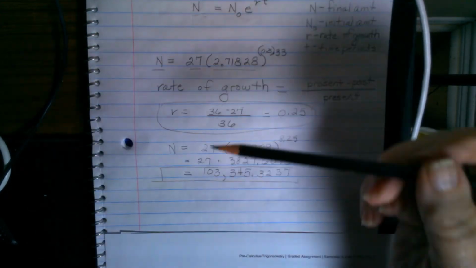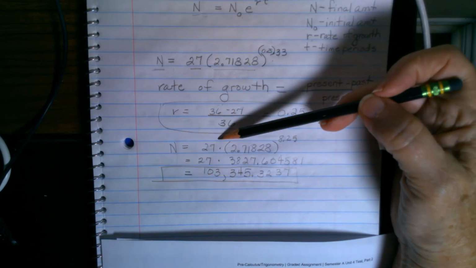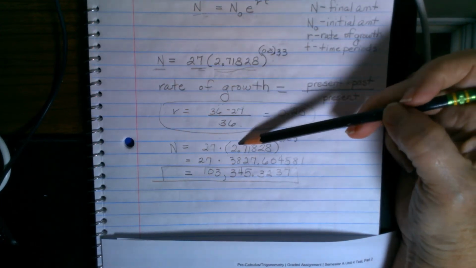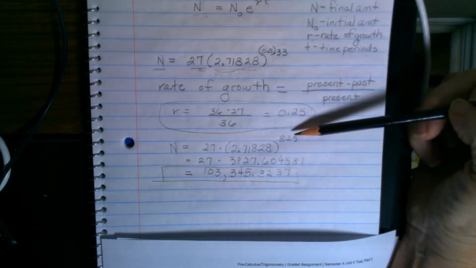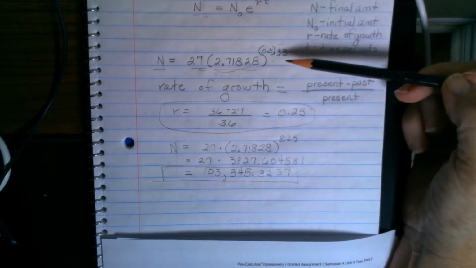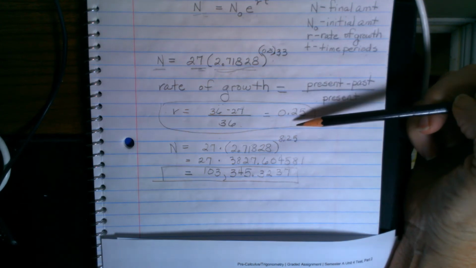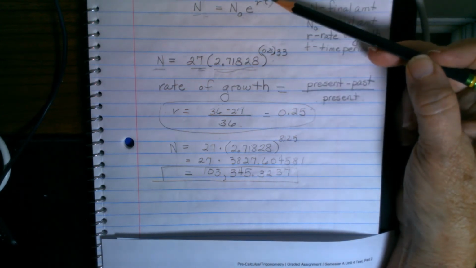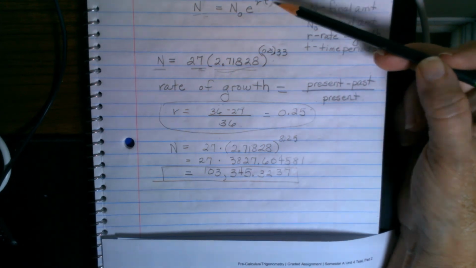So let's put that in our formula. N is equal to 27, which we're just continuing what we did up here, times 2.71828, and then 0.25 times 33. That's R times T. And remember, T is time. We're doing this for 33 days.